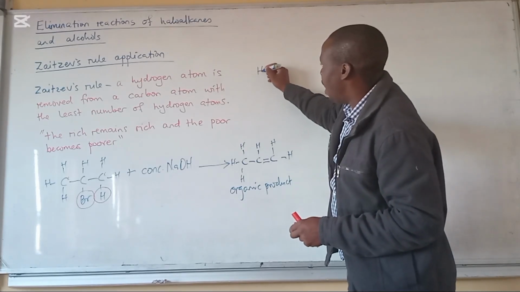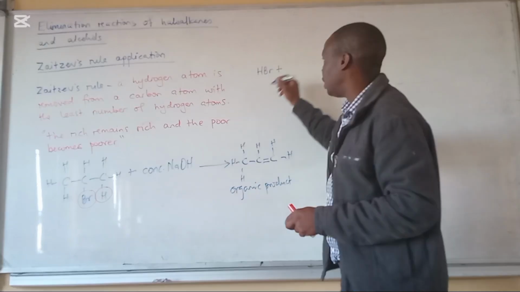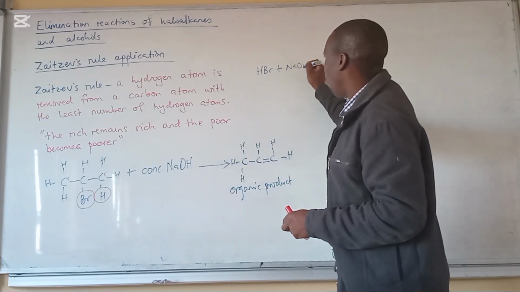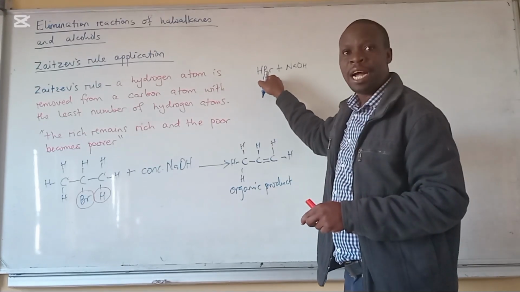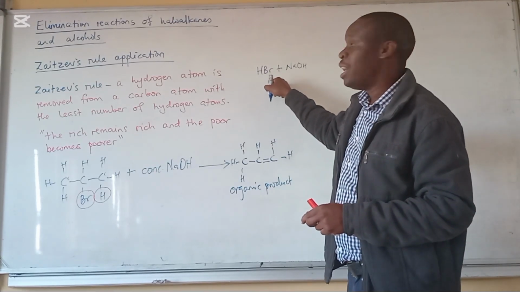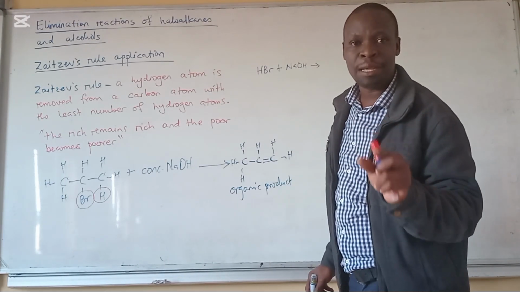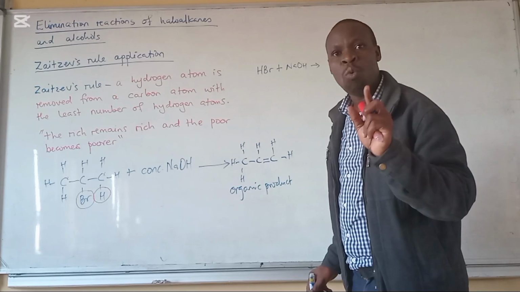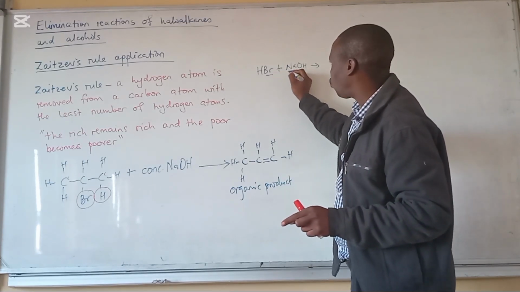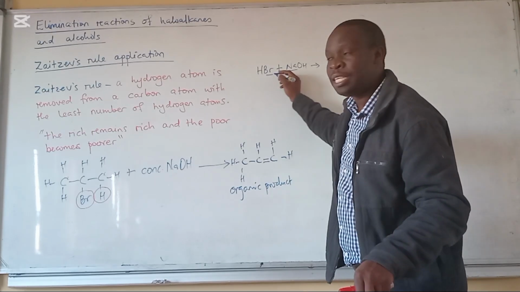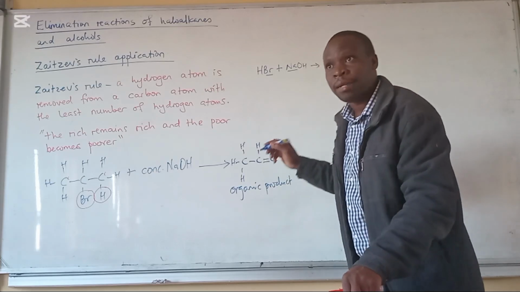So the HBr will react with the sodium hydroxide, NaOH. This is an acid-base reaction: the acid, hydrobromic acid, HBr, reacting with sodium hydroxide. A reaction between an acid and a base will form salt and water. So the salt formed in this reaction will be sodium combining with bromide to form sodium bromide, plus the water.